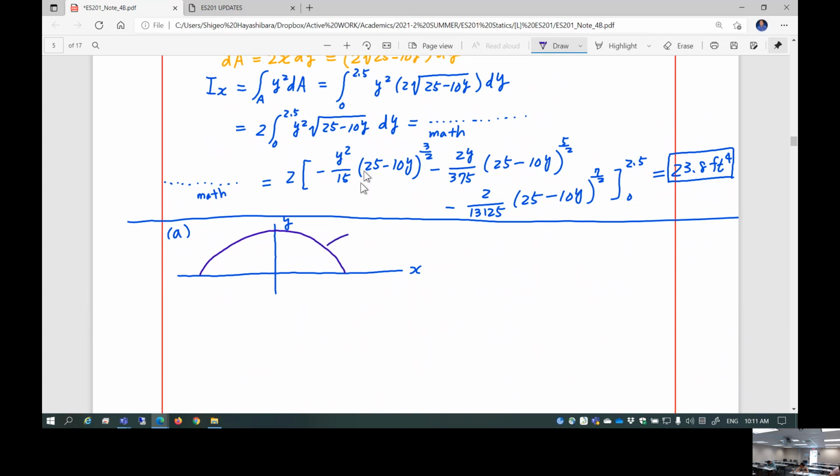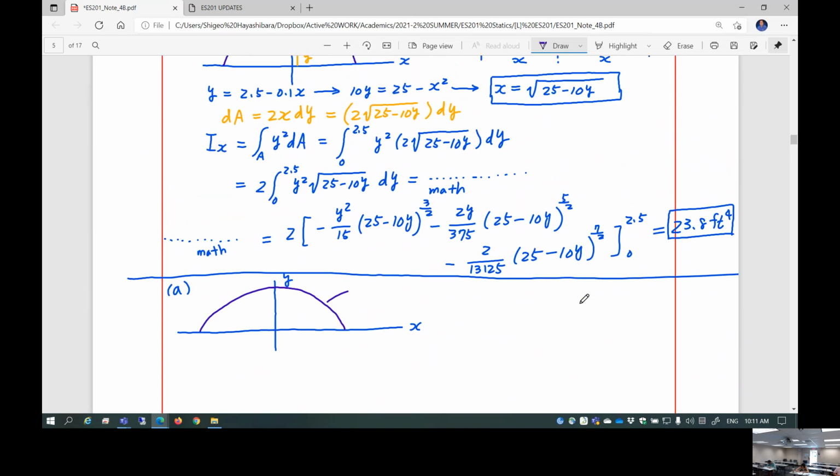This is the mathematically determined shape, y equal to 2.5 minus 0.1x, okay?